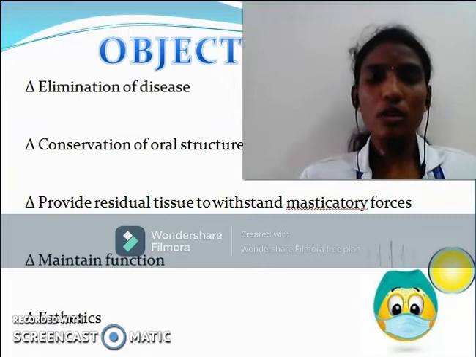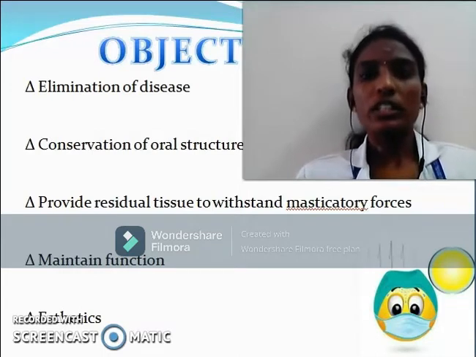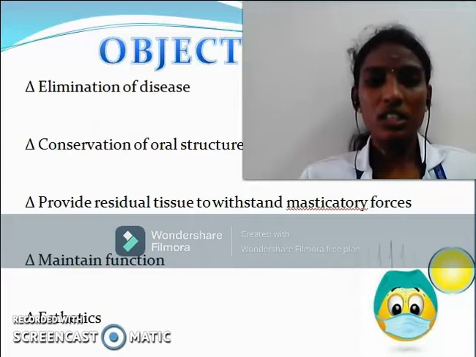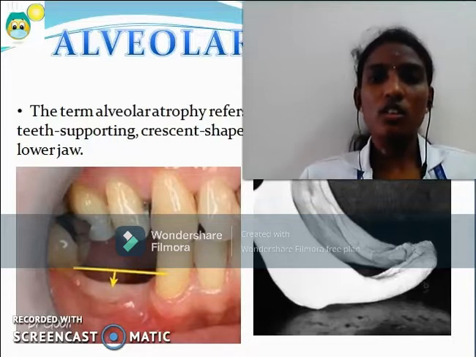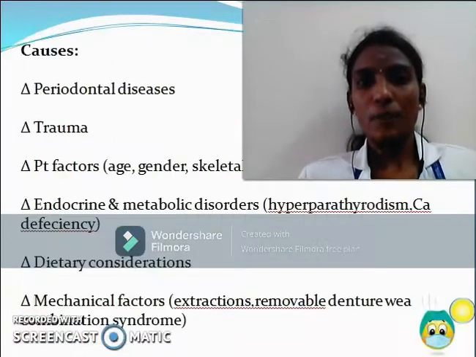The objective of pre-prosthetic surgery is to eliminate the disease, conserve oral structure, provide residual tissue to withstand masticatory force, and maintain function and aesthetics. Alveolar atrophy: the term refers to the regression of the tooth-supporting, prism-shaped osseous part of the upper and lower jaw.